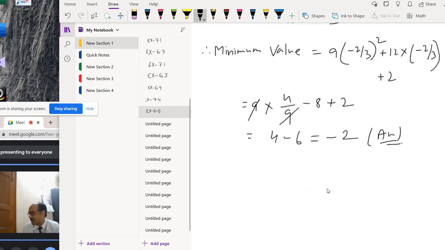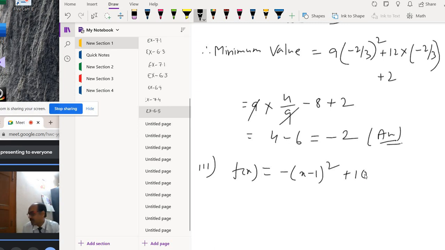Next, question number 3. f(x) equal to minus (x minus 1) whole square plus 10.